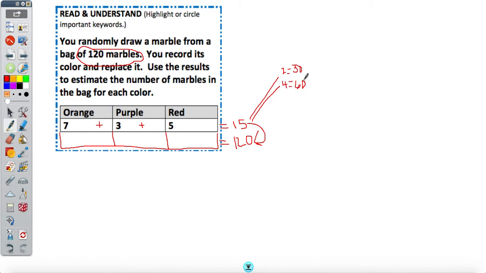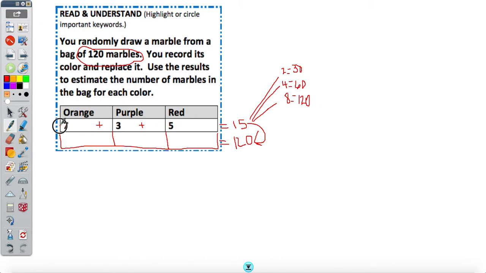And that helps me because I know that's 60 again if I double it. So I doubled 4 to get 8, and I doubled 60 to get 120. So that means 15 goes into 120 8 times.